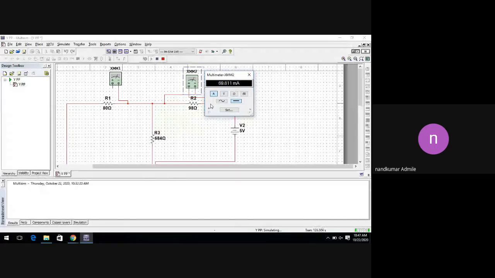Yes, my voice is audible. Can anyone tell the formula of y11?